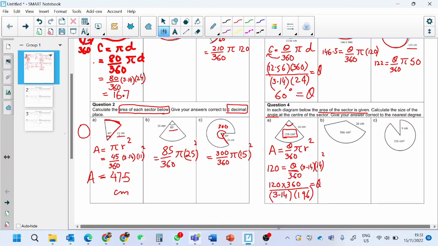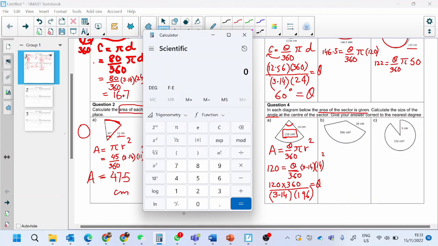So let's simply calculate this one. 120 times 360 makes this one, and we divide this by 3.14, which gives us this answer, and we again divide by 196, so it gives us 70.19.